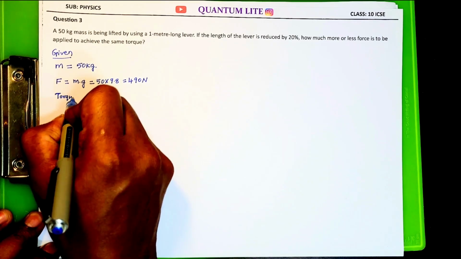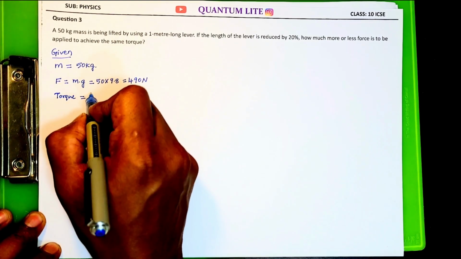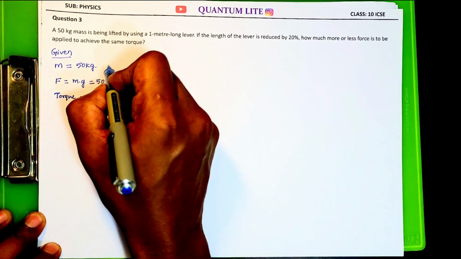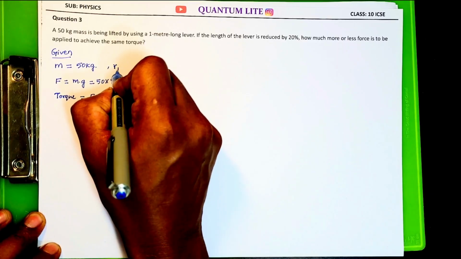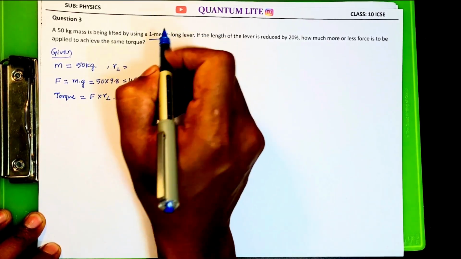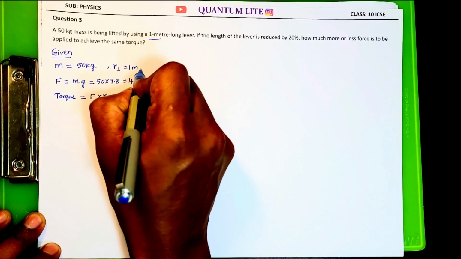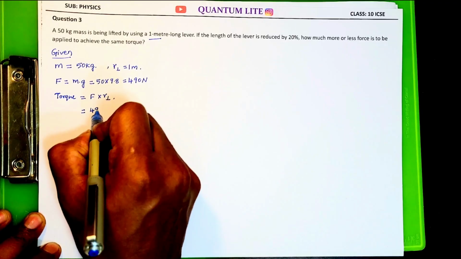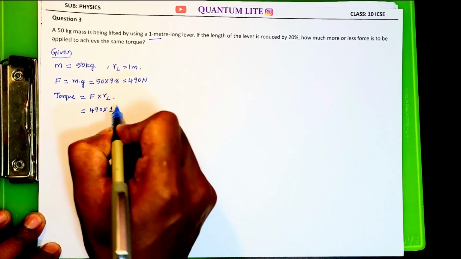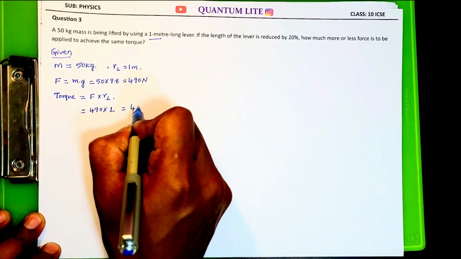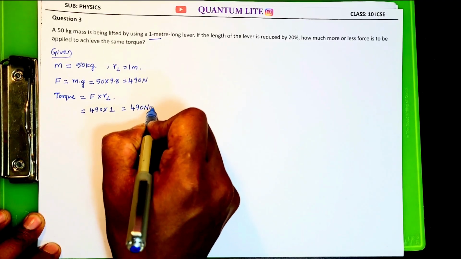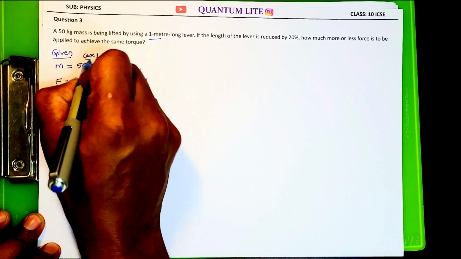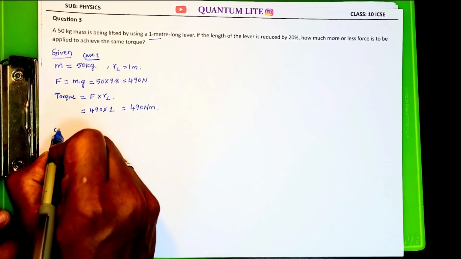Torque is equal to force into perpendicular distance, and here the perpendicular distance is 1 meter. Now substitute the values: force is 490 into 1 meter, so that is equal to 490 Newton meter. So this is case 1. Take case 2.